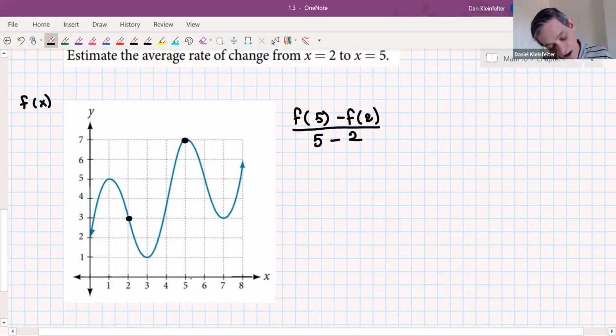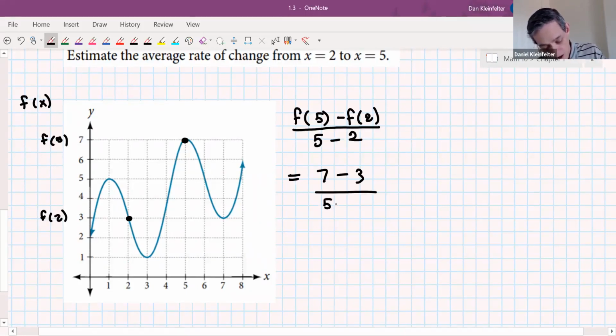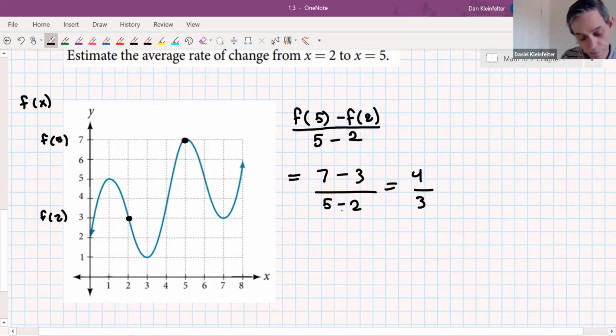So f of 5 is 7, and then f of 2 is 3. And then down below we have 5 minus 2. So 7 minus 3 is 4, and 5 minus 2 is 3. So overall, that slope is going to be 4/3.